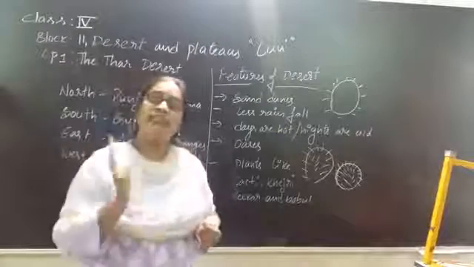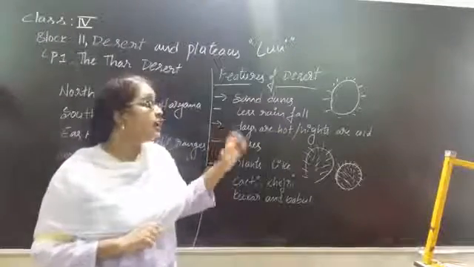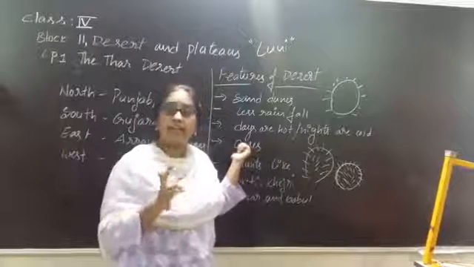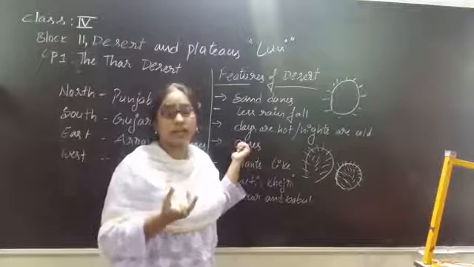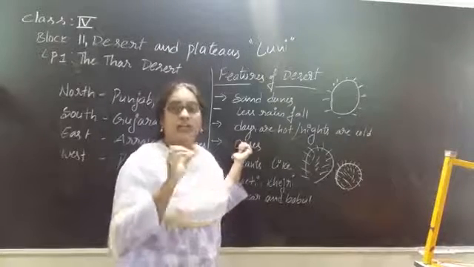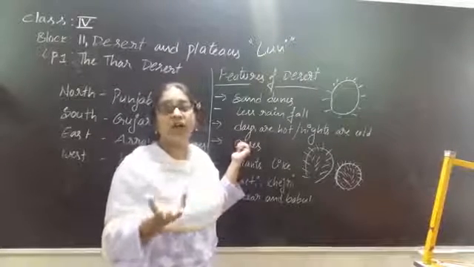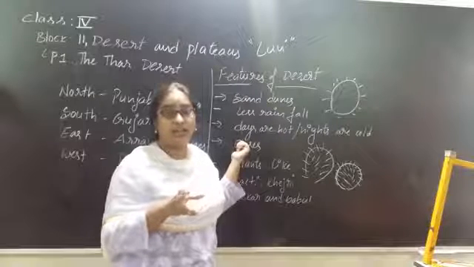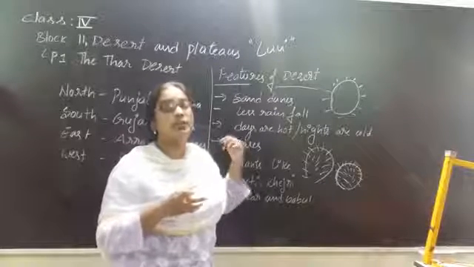The northern plains and the desert? Yes. Northern mountains are covered by snow. There we have a very cold climate in winters. In the desert we don't have snow, and the climate is very hot.